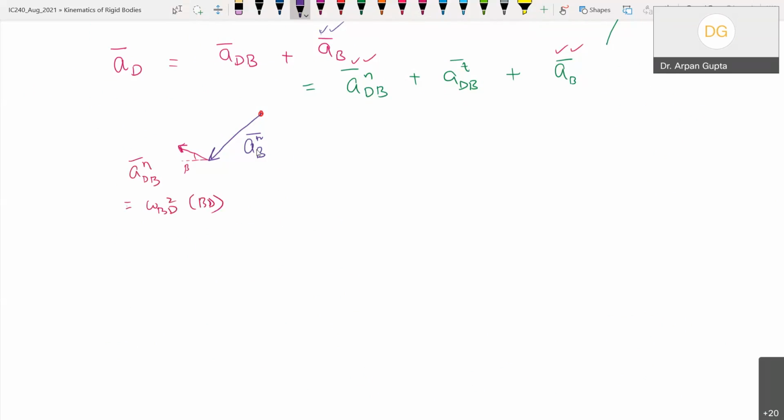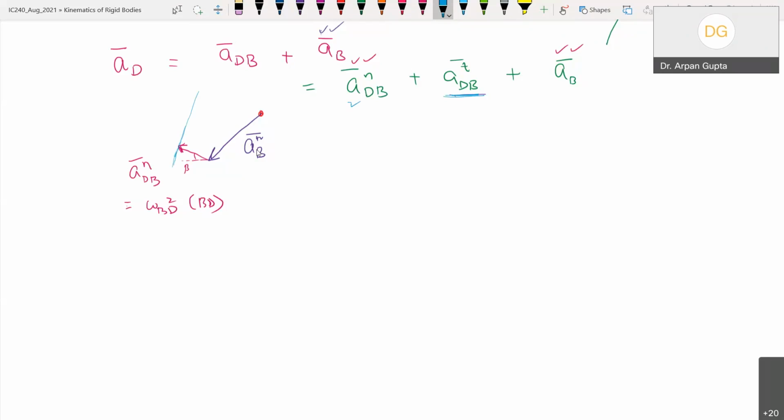Next is acceleration of ADB tangential. We don't know the magnitude, but the direction is perpendicular to this normal acceleration, so it will be a perpendicular line, either in this direction or in the upward direction.